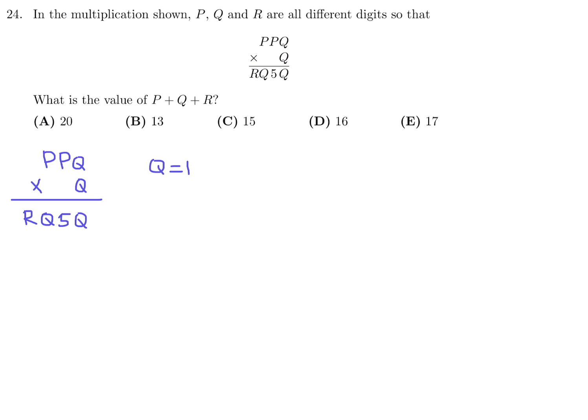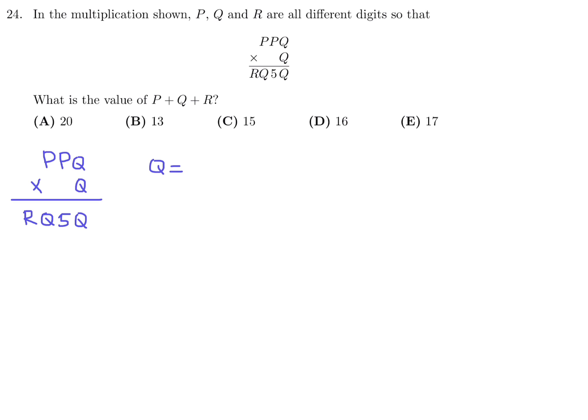But if Q equals 1, then we'll have PP1 times 1 is equal to RQ5Q, and that doesn't make any sense, right? Because PP1 times 1 is just PP1. There's no way you're going to get a 4-digit number. So that means Q is not 1. All right, no problem. Let's keep going.